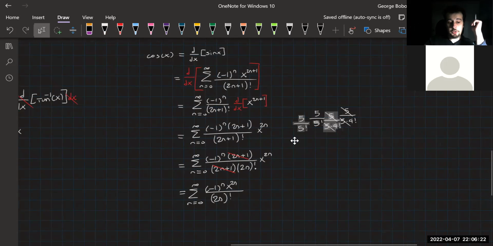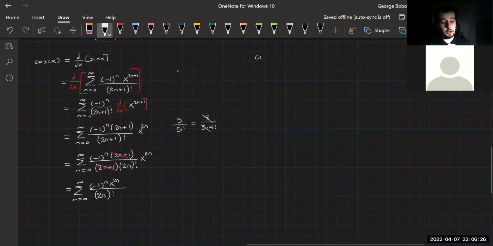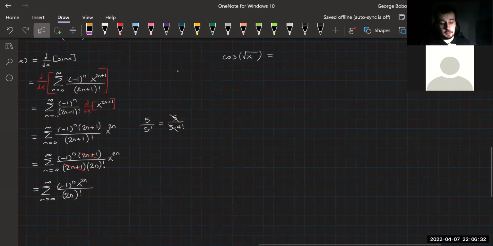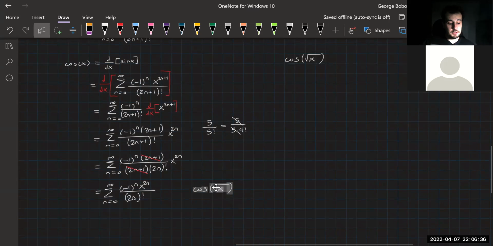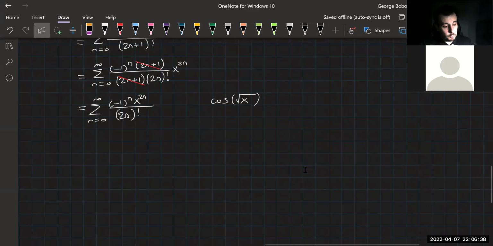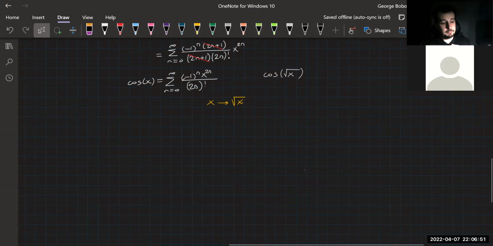And again, now that you have the cosine, your prof might say, okay, why don't you do me then what the power series of this is? And you go, okay, if I want to do now the power series of this, what's the difference between what I have on the left and what I have on the right? X on the left has gone to root x.